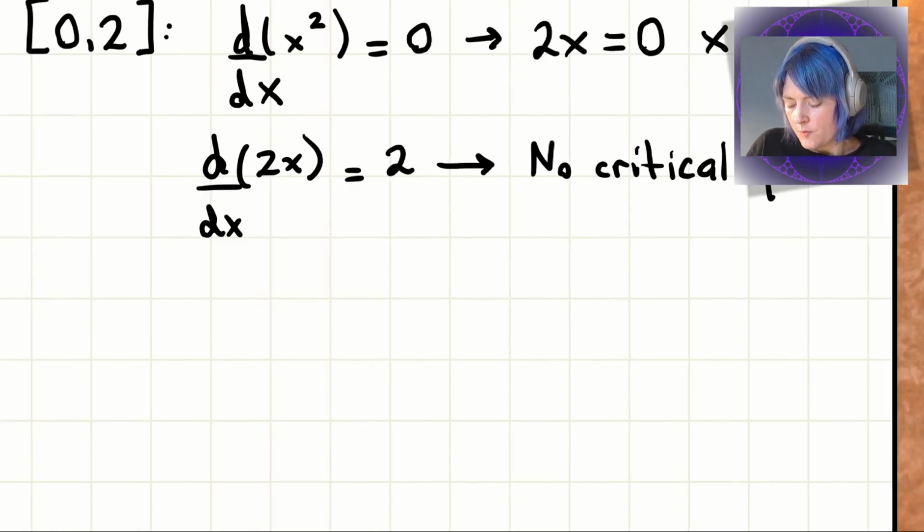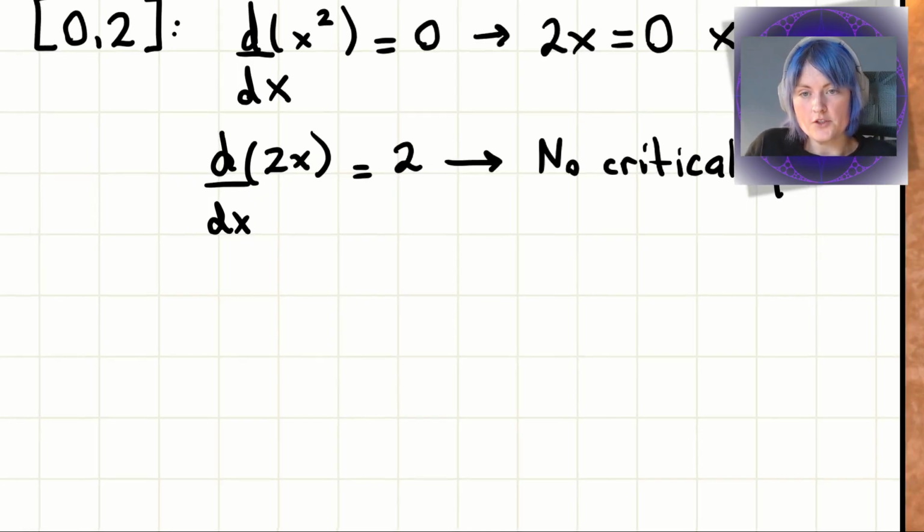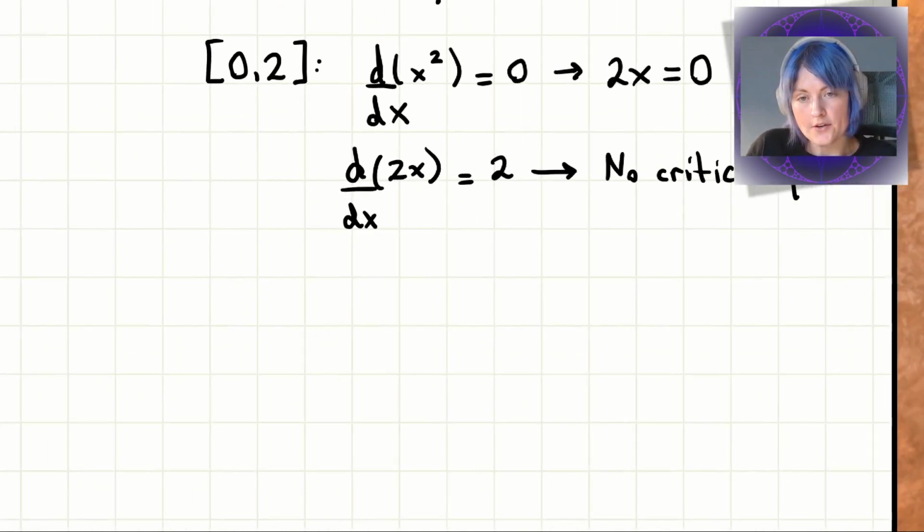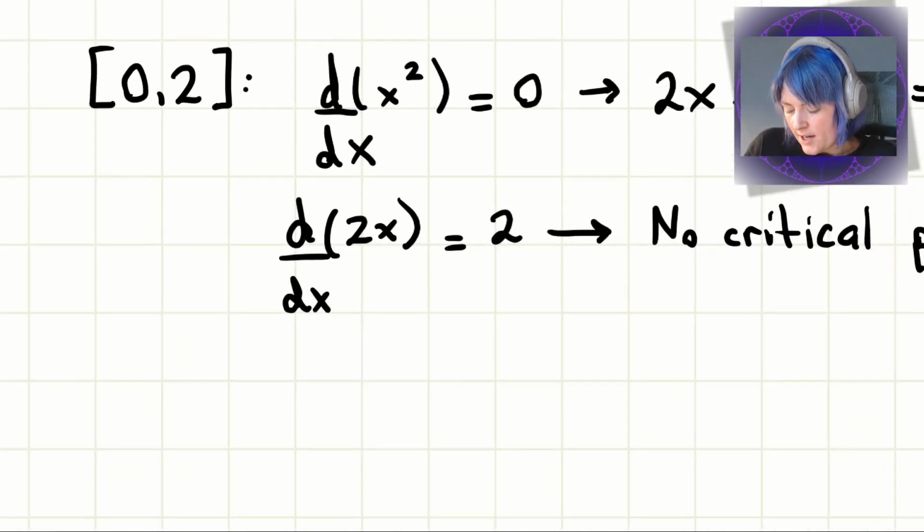So that's part of the justification for x squared being the minimum, because they're equal to each other at 0, so they intersect at 0, and then the rate of change of x squared is 0 at that point, but the rate of change of 2x is 2, then obviously 2x is going to be increasing at that point.